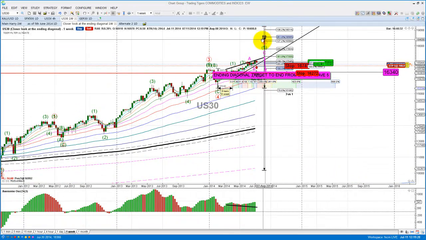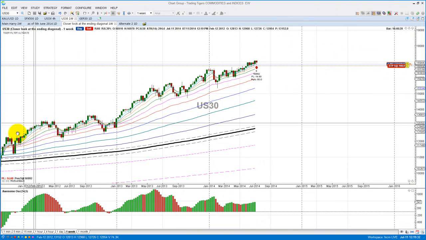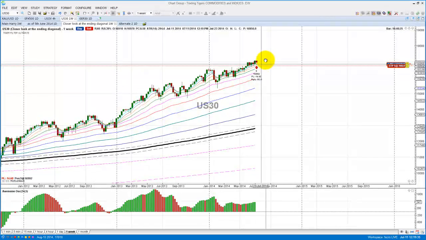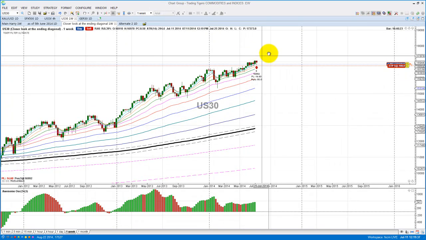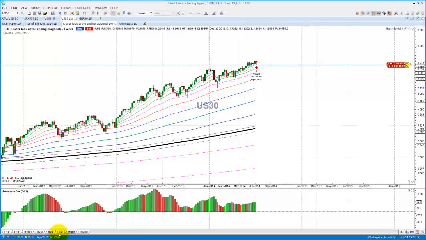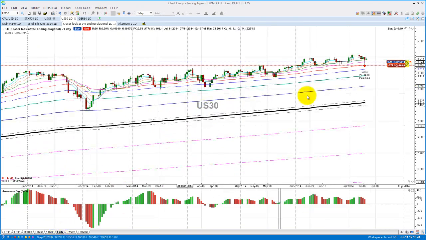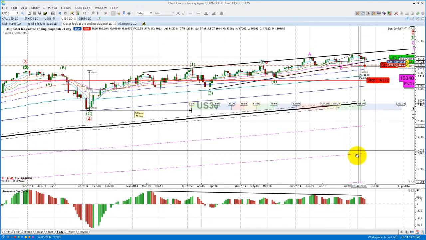Wave 3 is close to completion at the top point here. Let's clear all that off so you can see there's 2 and there's 3, which will finish off the cycle degree.